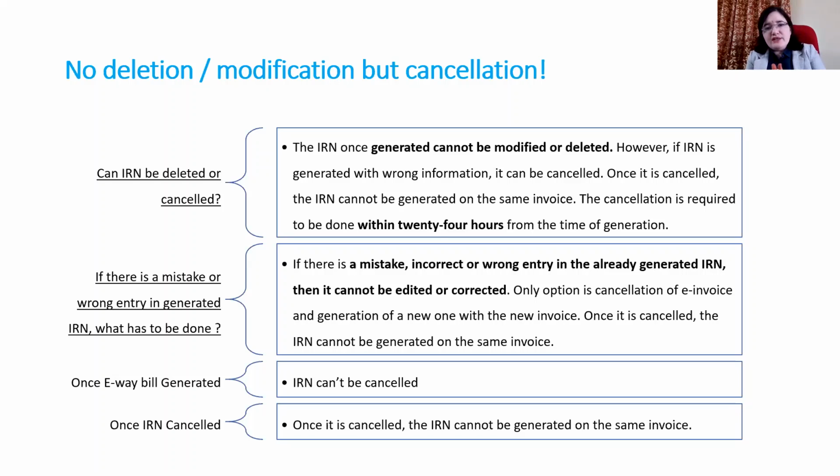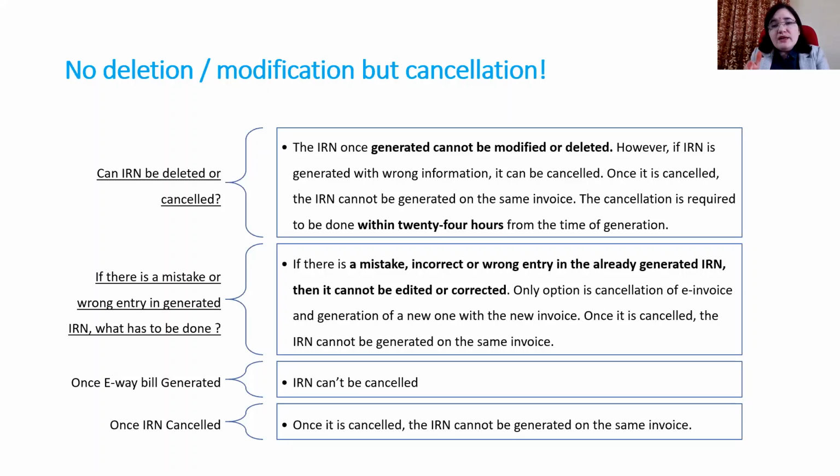Once you have generated the IRN, please keep in mind that the e-invoice cannot be edited or modified. You can cancel that e-invoice within 24 hours. So cancellation is allowed, and that also within 24 hours. If there is any mistake, you have to cancel that e-invoice within 24 hours.